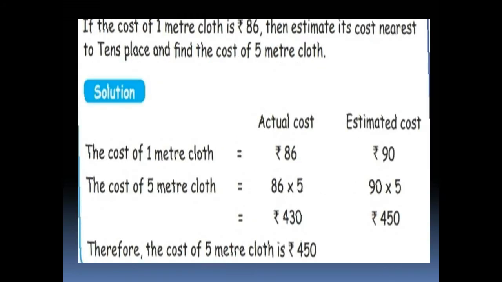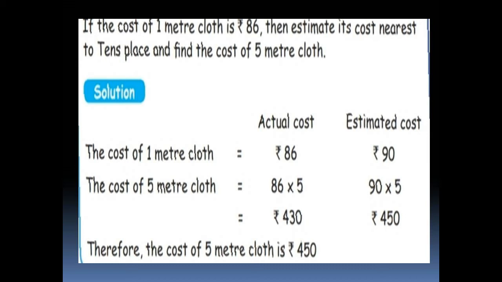If the cost of 1 meter cloth is rupees 86, then find the estimated cost nearest to the tens place, and we have to find the cost of 5 meter cloth. We already know 1 meter cloth is rupees 86. That is the actual amount. The estimated nearest tens place is rupees 90.